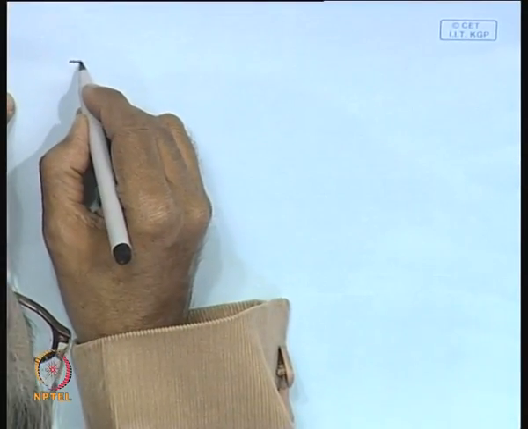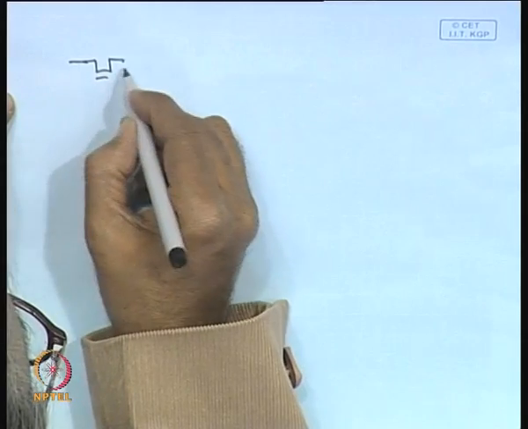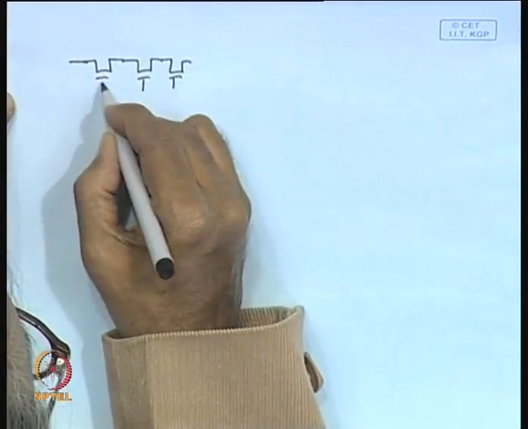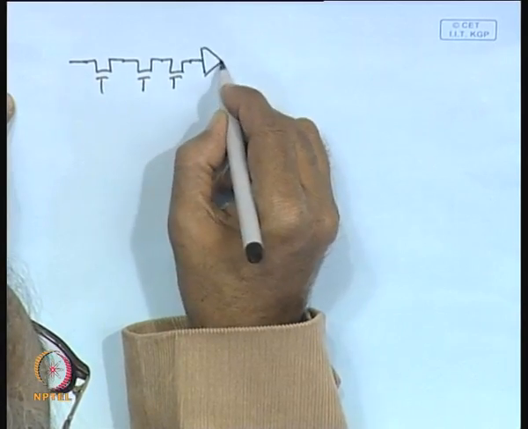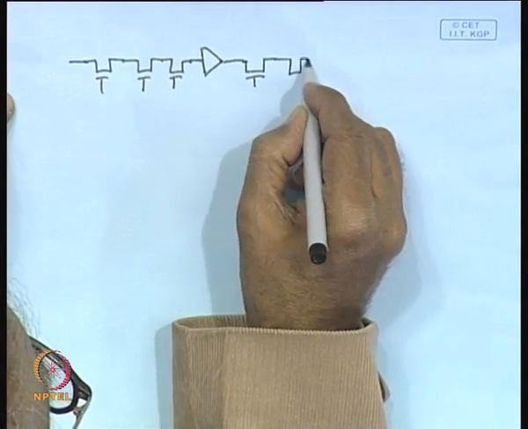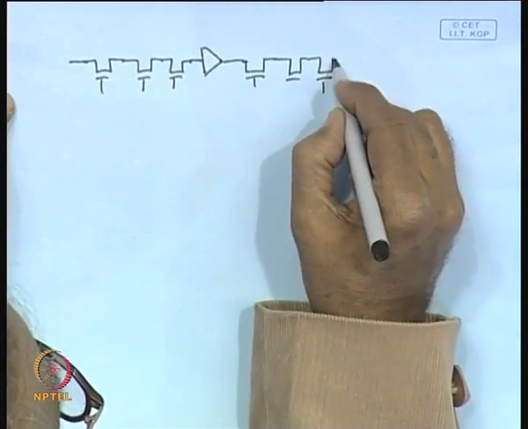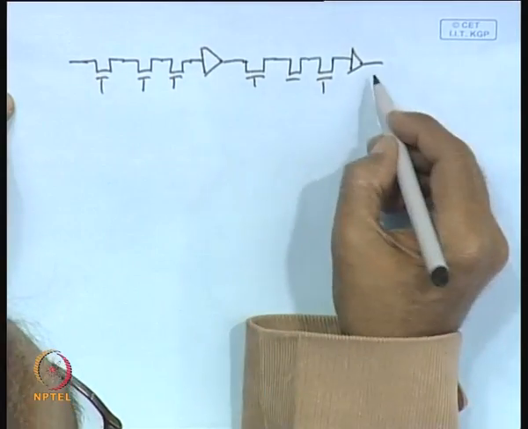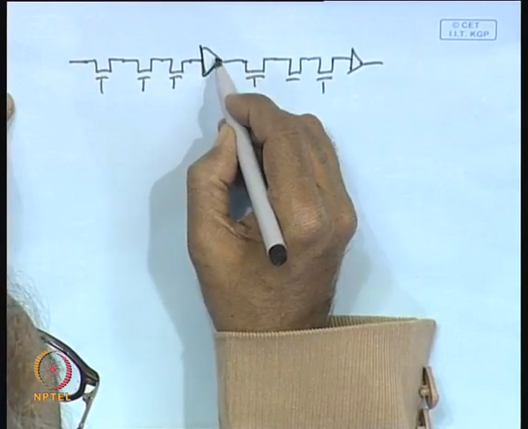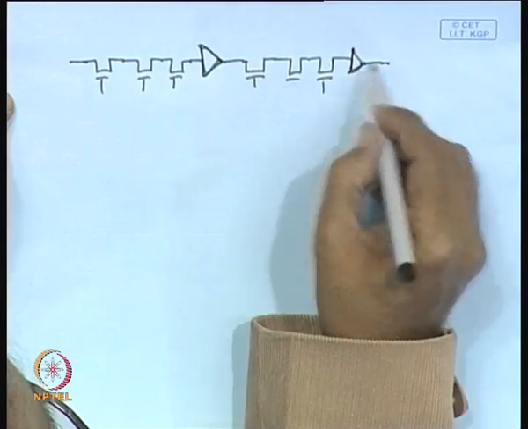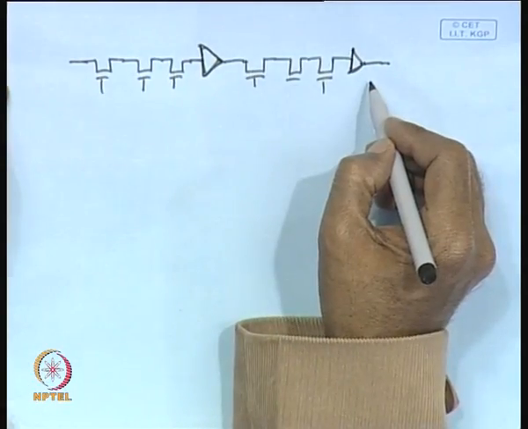Let us assume we use buffers at regular intervals, maybe after a few pass transistors, say a buffer is inserted, then again you have got a few such pass transistors. Here we have assumed that a buffer is inserted after 3 transistors. Whenever we do this, and if the delay of these buffers is not very large, then the overall delay can be reduced.